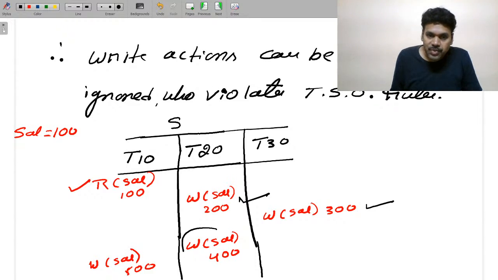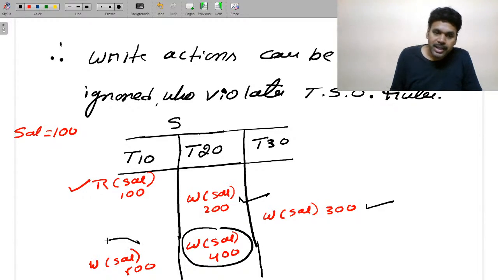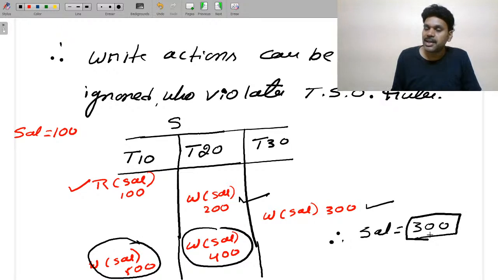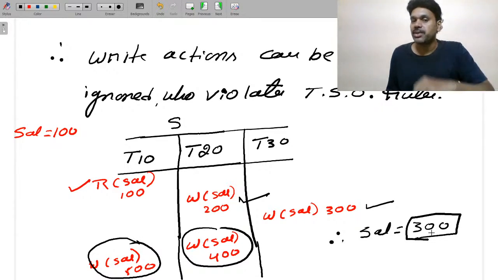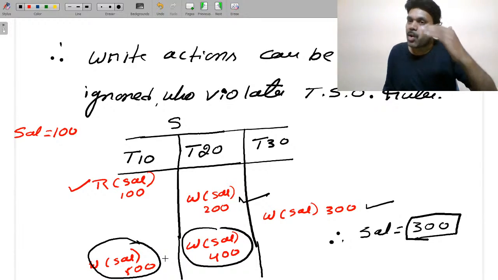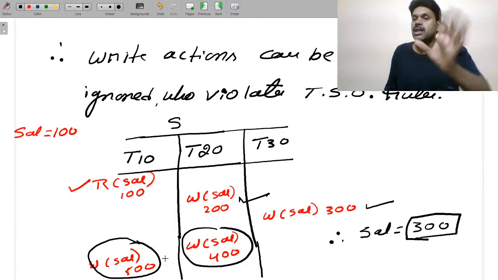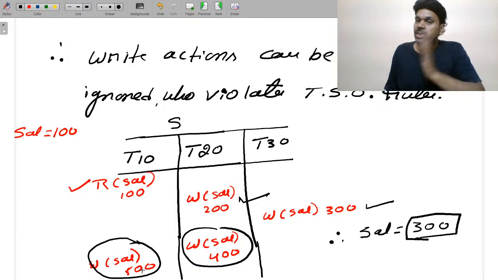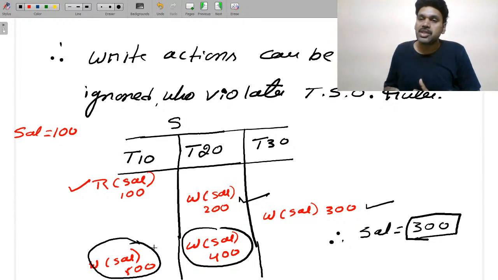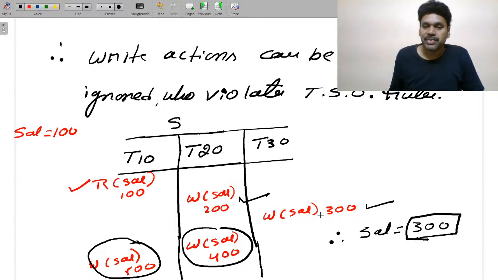This one is ignored. Therefore, your salary value without any rollbacking is how much? 300 only. This is the power of the Thomas Write rule. So, the write actions which are violating the timestamp ordering protocol will be ignored. They will not be written to the disk. Therefore, your transactions are not going to be rolled back, which doesn't cause any kind of inconsistency to others. Clear, friends?